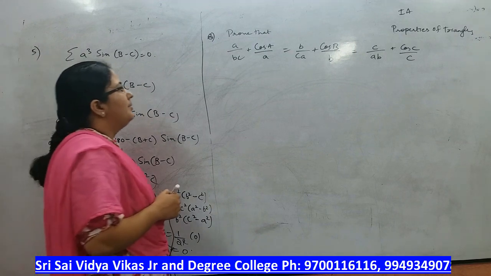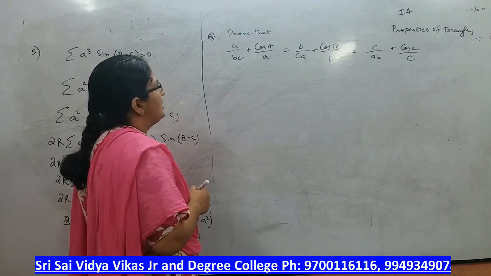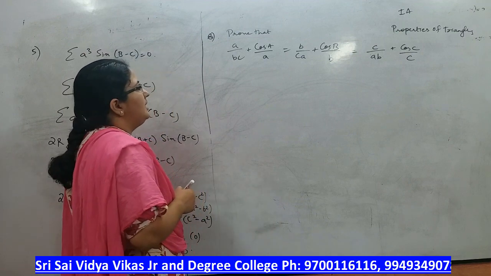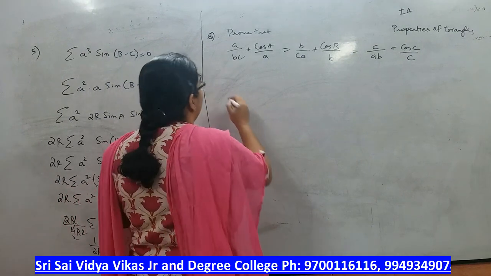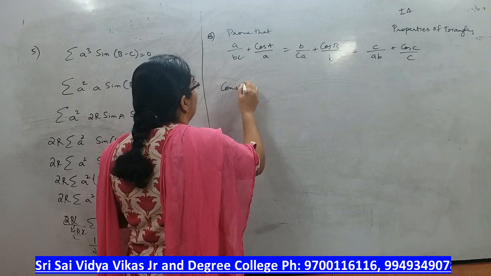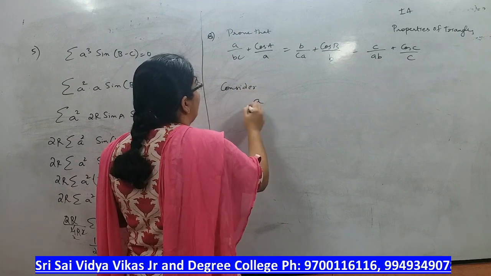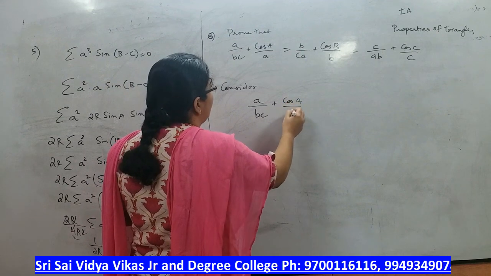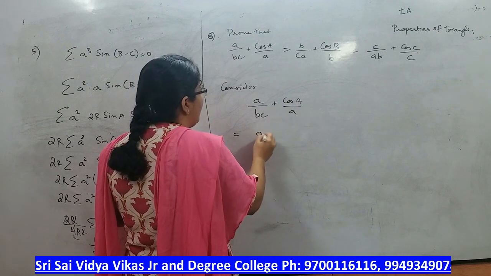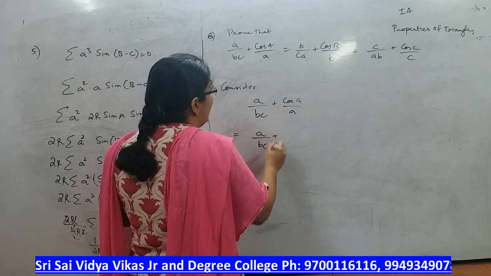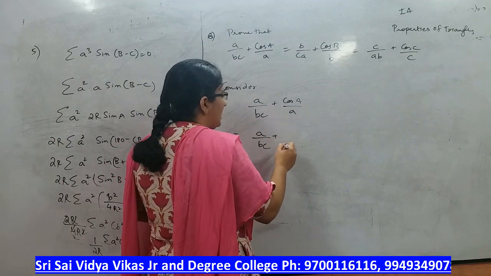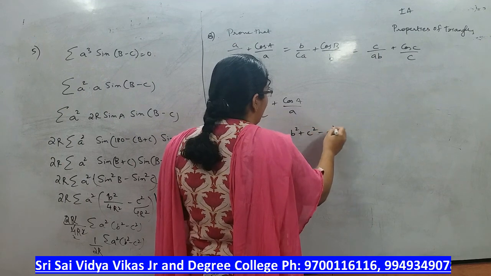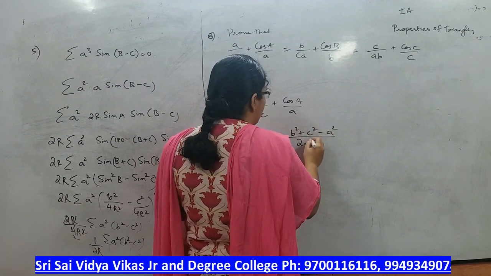Now prove that a by bc plus cos A by a, b by ca plus cos B by b, c by ab plus cos C by c are equal. So consider a by bc plus cos A by a. Cos A can be written as (b square plus c square minus a square) by 2bc.